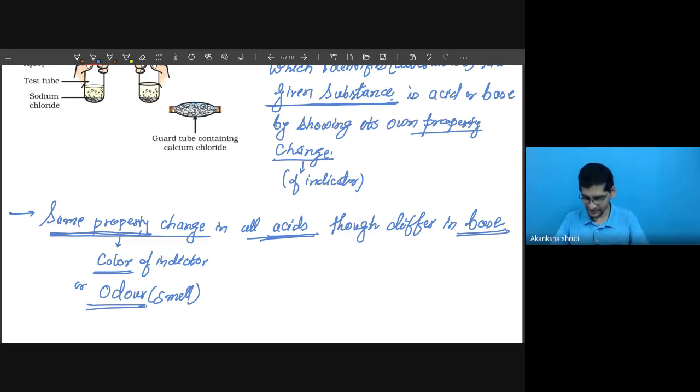Odor means smell. Based on this, it is called an olfactory indicator. If the indicator is based on the change in smell, then it is called olfactory, because olfactory sensors are present in our nose.